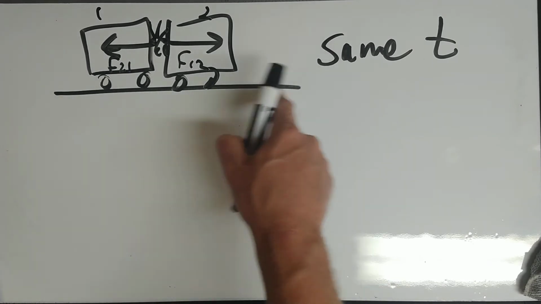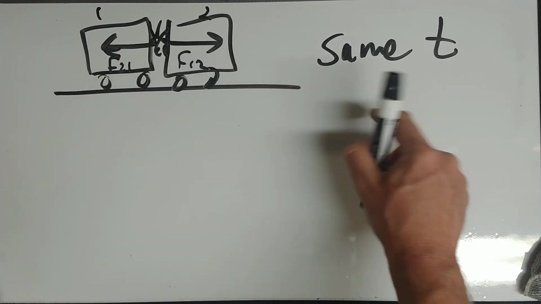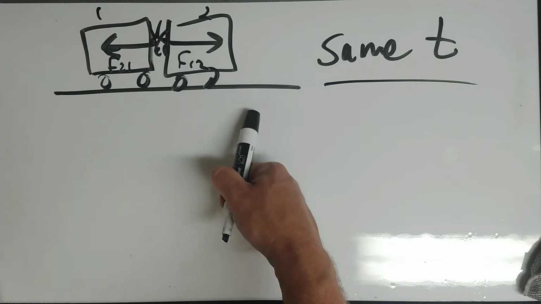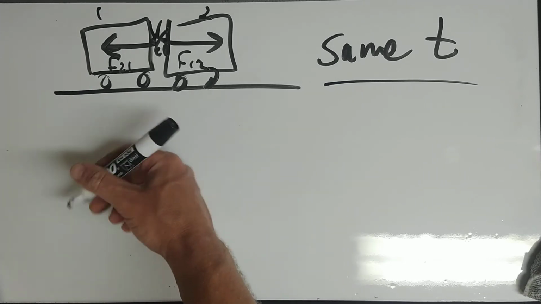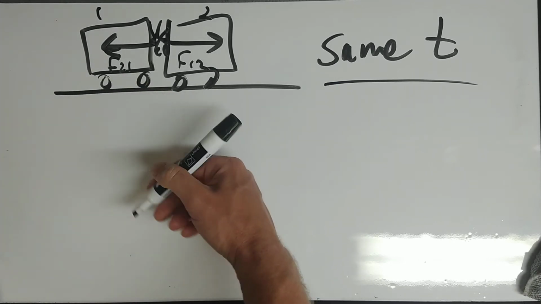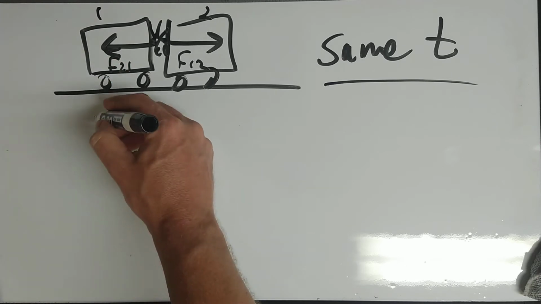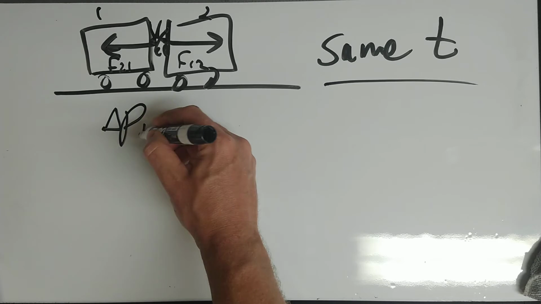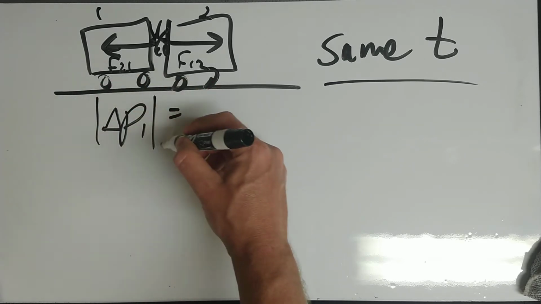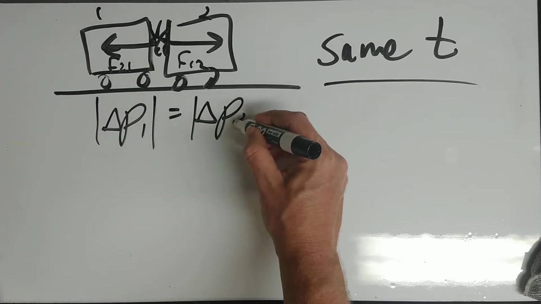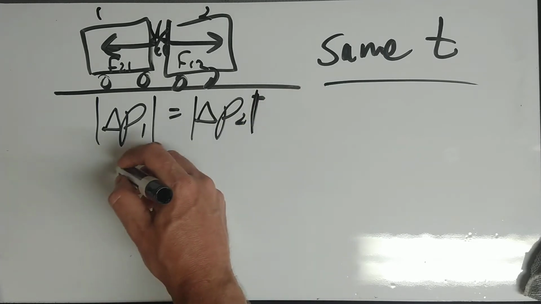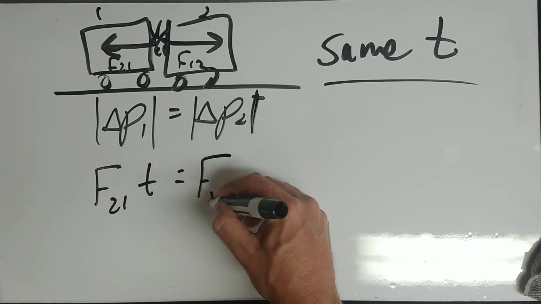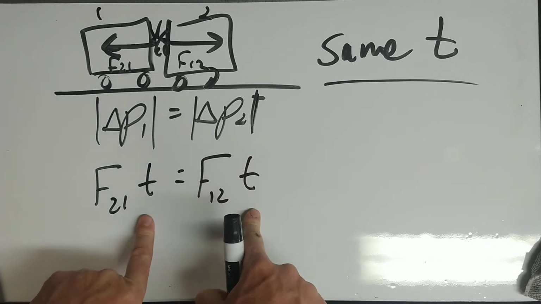So each of these forces acts on each of these carts for the same amount of time, and it's the same magnitude of force. So when we look at this, delta P of cart 1 is equal in magnitude to delta P of cart 2, because they each have the same magnitude of force acting for the same amount of time.